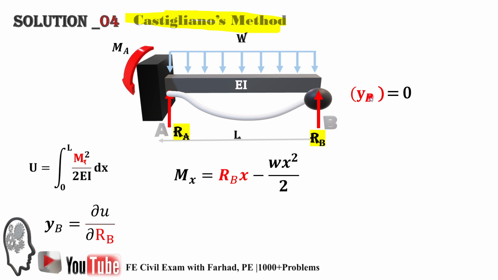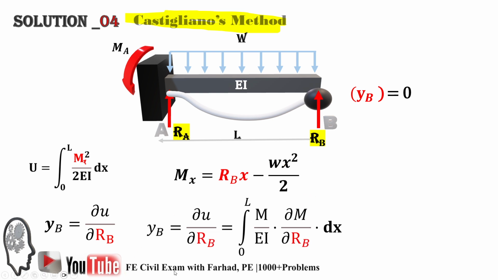If we don't have a support here, the only reason for movement of point B is the reaction at B. So that's partial U over partial RB.